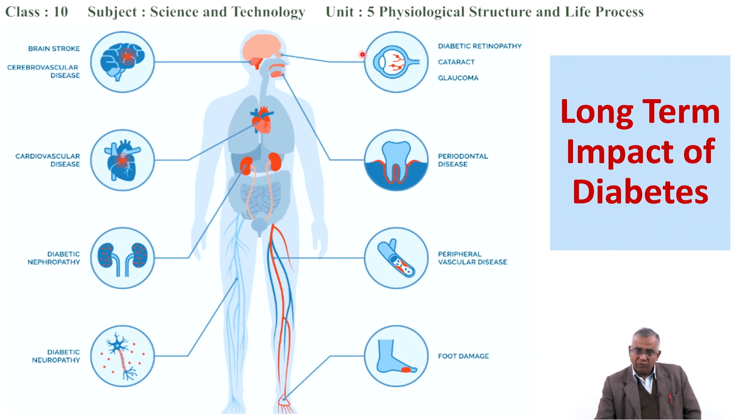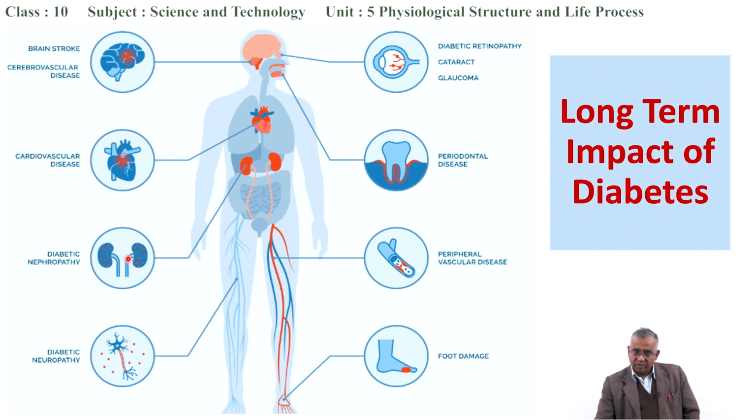So if you analyze the whole nervous system, these are related with the nervous system. Here is skin also, but these three are mainly affected. Then the blood circulatory system, these two.